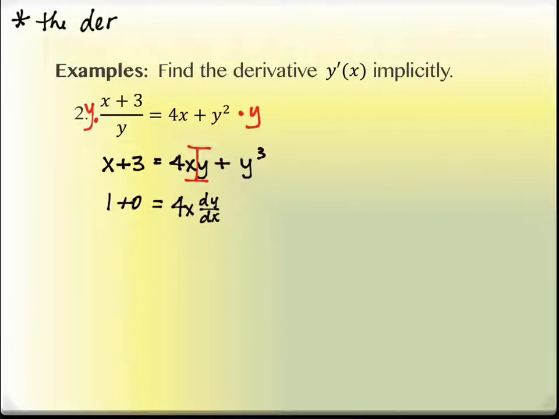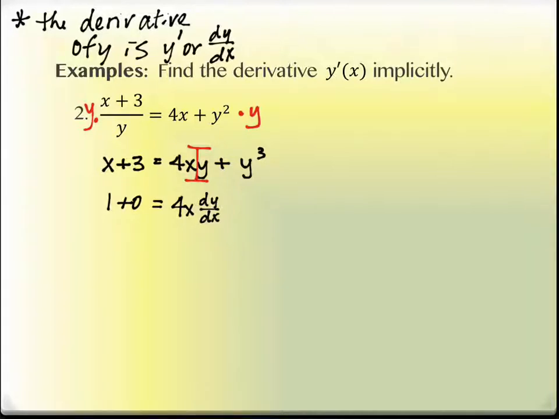This sounds kind of funny, and it almost looks funny even when you're writing it. The derivative of y is y prime, or dy dx. That's what it means. When you take the derivative of y, it's dy dx. Okay? Even in the middle of a product.